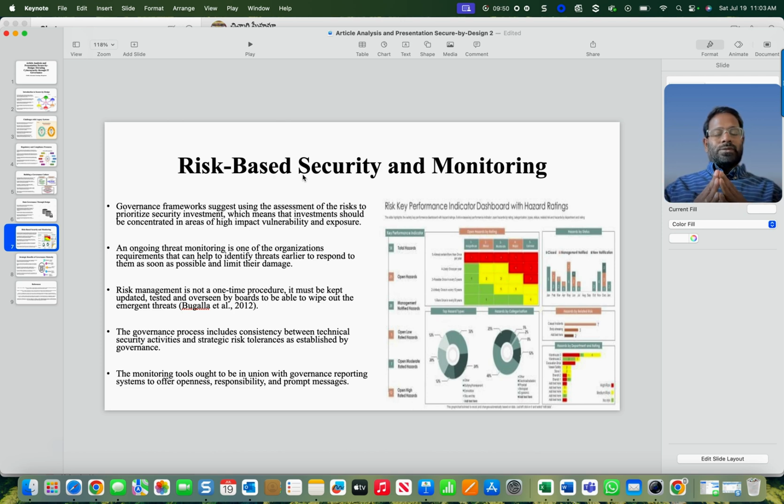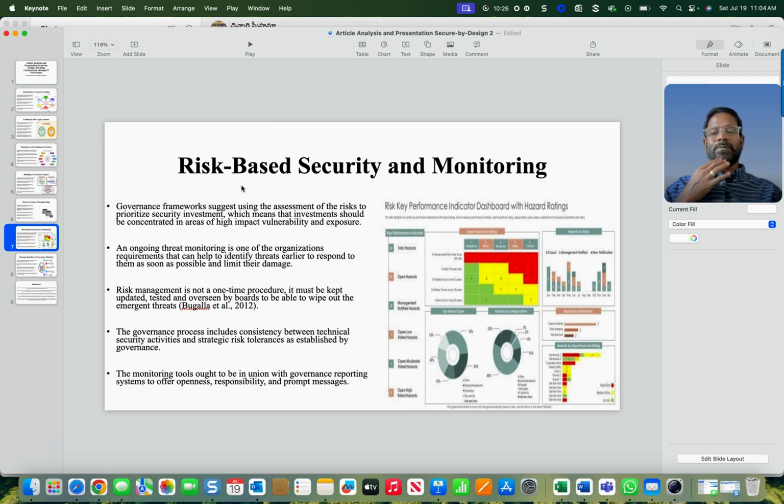That is important in today's world. To have better dashboards and visualization, you can use Azure Log Analytics Workspace, and using those logs, create dashboards so that you can identify the traffic and the errors, and you can use Security Advisor and set up notifications and alerts. That's about risk-based security and monitoring.